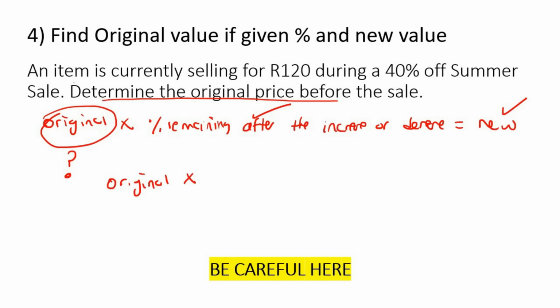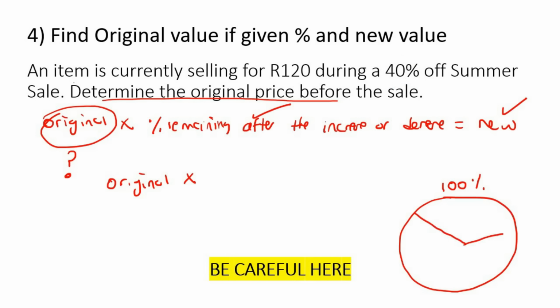So we don't know what the original is. Now the percentage, don't just use 40. You've got to remember what Kevin told us: the original is always 100%. So you can imagine that that was 100%. We don't know what the number was, but we know that it always represents 100%. Then they did a 40% off. So they took away 40%. What is the remaining percentage? 60%.